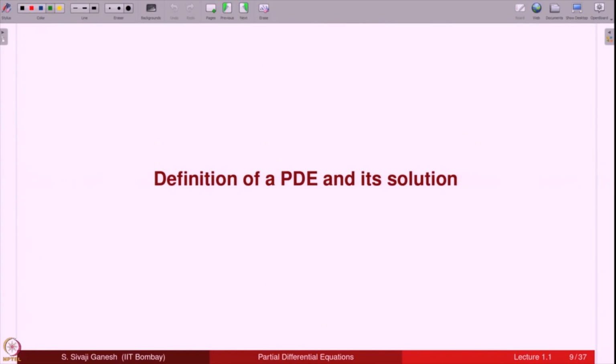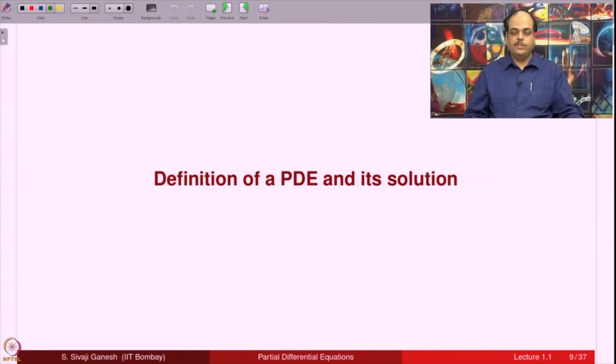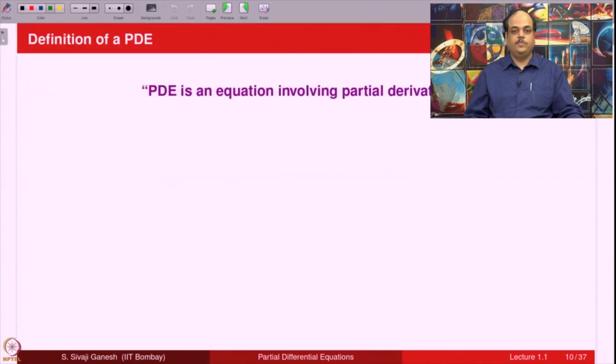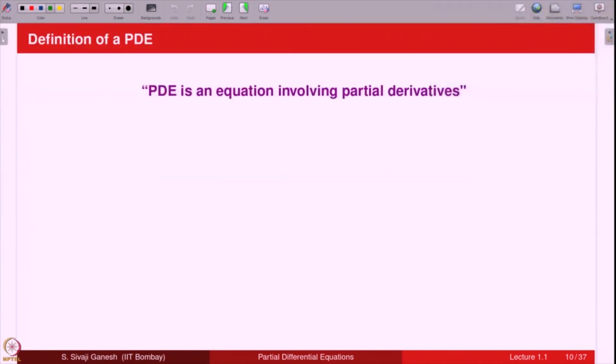Now, let us go to the definition of a partial differential equation and what we mean by its solution. One normally says a PDE is an equation involving partial derivatives. This can be accepted as a definition provided we understand this statement, and not only that, everybody understands this statement in the same way.